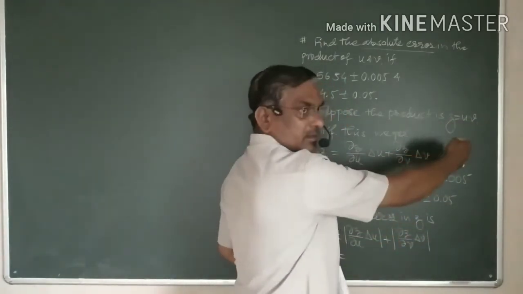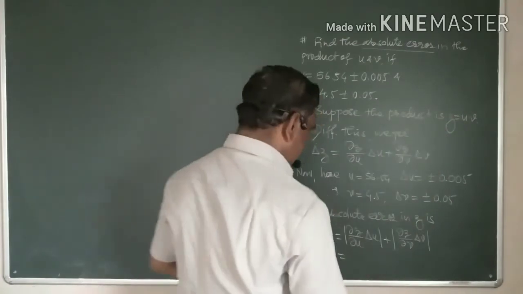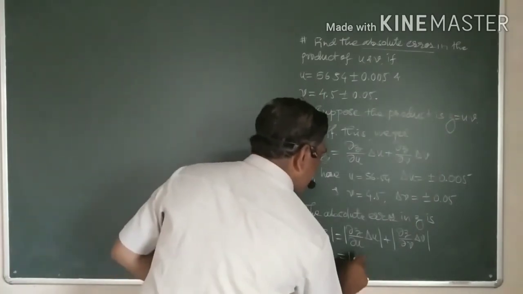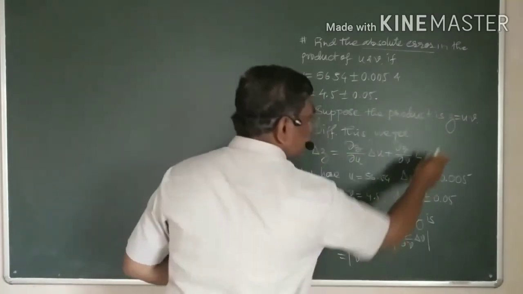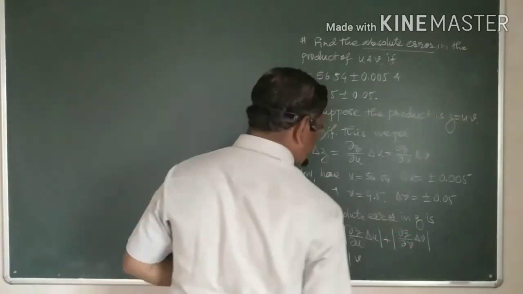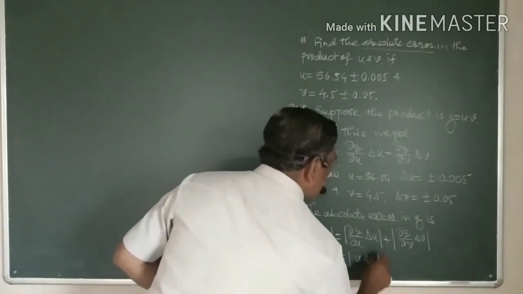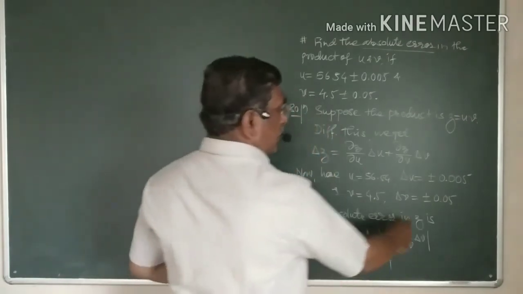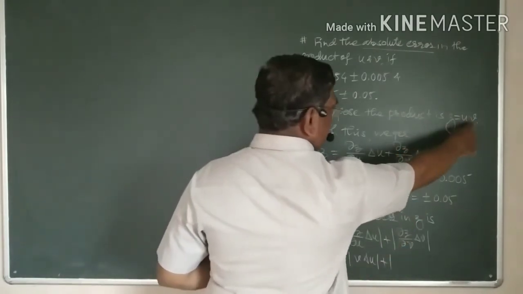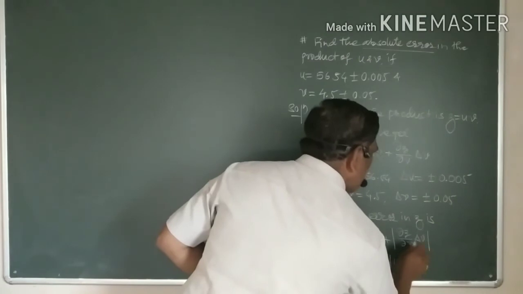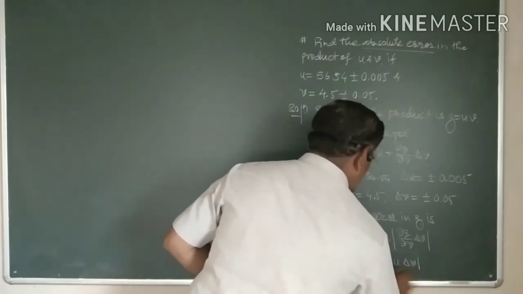U into V, differentiate, what you get is V. Derivative of this with respect to U is nothing but V. Therefore, V into del U plus absolute value. Derivative of this with respect to V is U, and this del V.